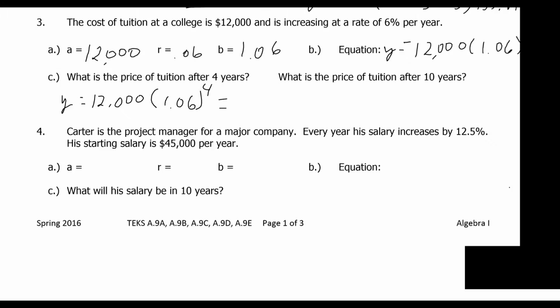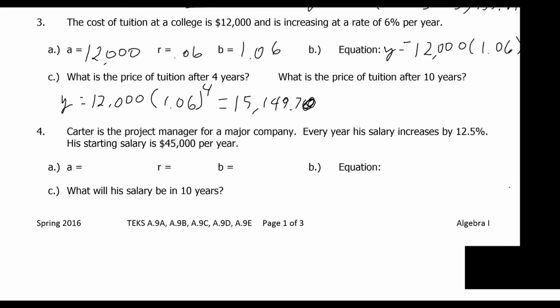And whenever we do that, we wind up with $15,149.70. Alright? That's a pretty standard increase over the course of 4 years, about $5,000 increase. So just be aware that this is how this works.